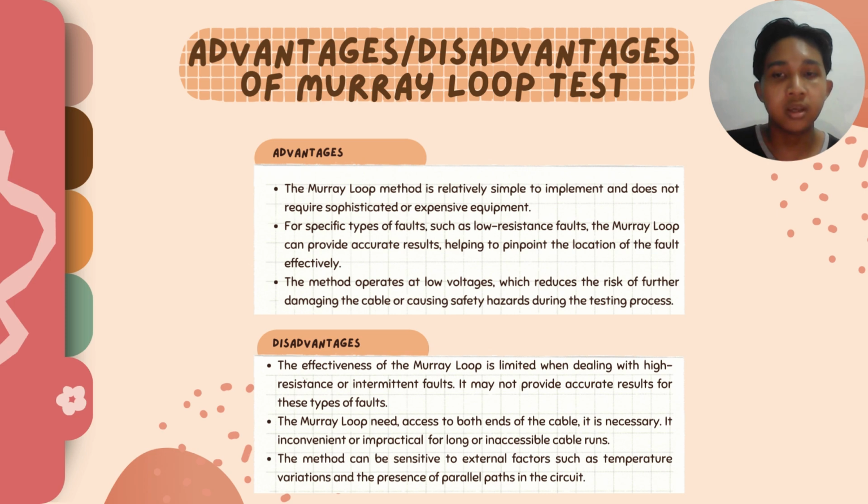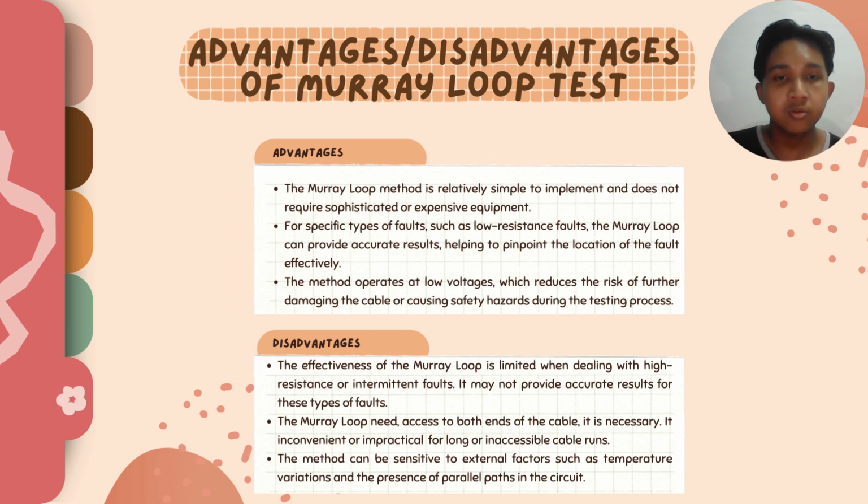And for the disadvantages of the Murray loop test, the effectiveness of the Murray loop is limited when dealing with high resistance or intermittent faults, and it may not provide accurate results for these types of faults.